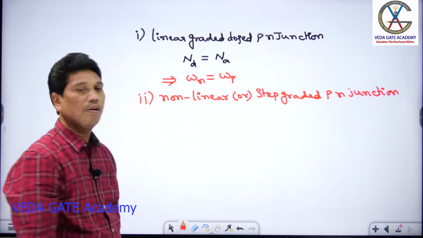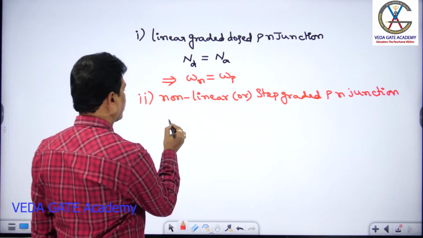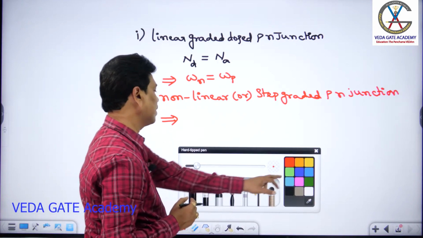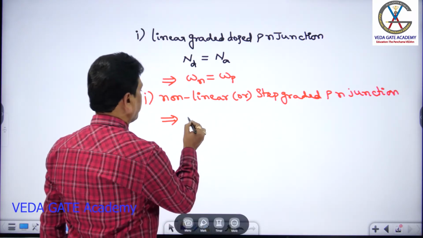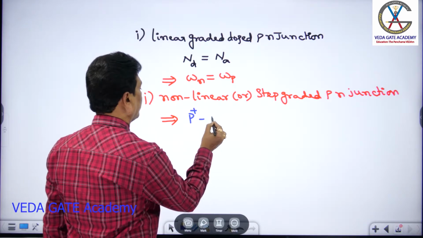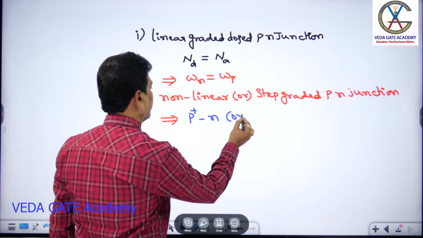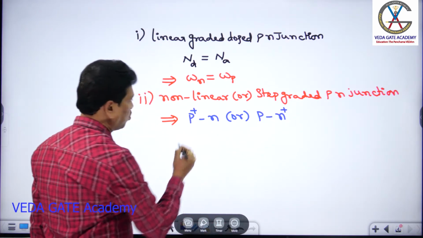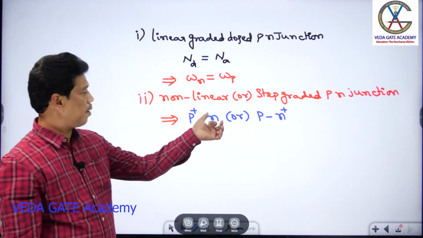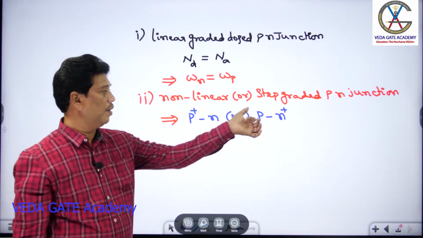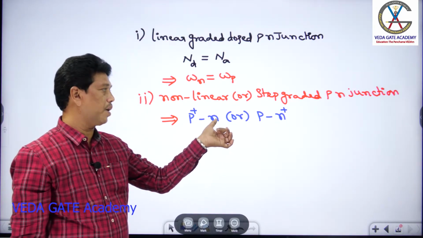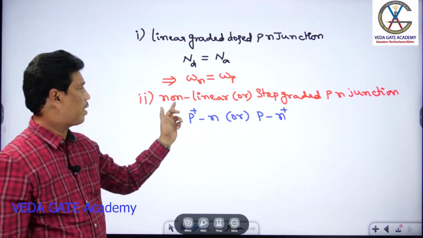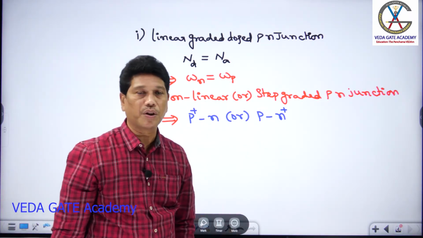It appears like P plus N or Pn plus. The superscript plus indicates that, compared to the other side, this one is highly doped. So here the P side is more highly doped than the N side. Here the N side is more highly doped than the P side. That is called a non-linear or step graded PN junction.